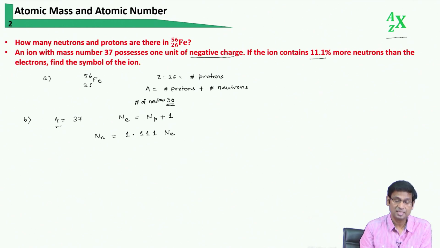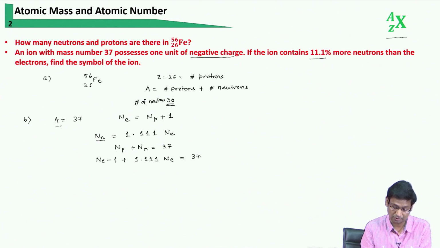Now, atomic mass is given as 37. How do I get this atomic mass? If I add the number of neutrons to the number of protons, that means Np plus Nn is 37, but I know Np is Ne minus 1 and Nn is 1.111 Ne.